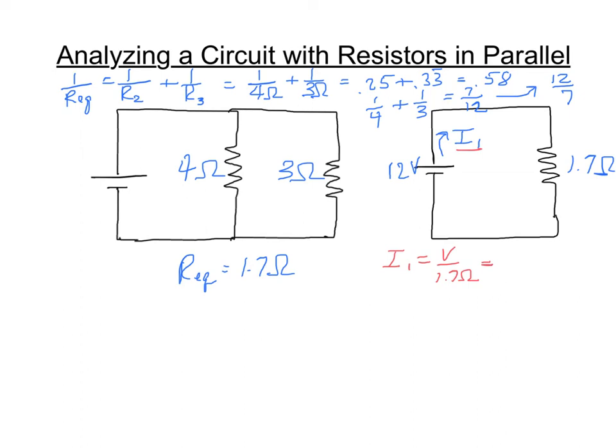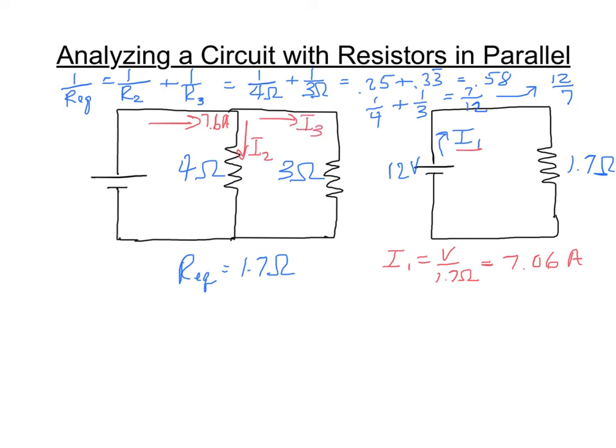That's going to be about 7.06 amps. All right, so that's how much current I have going through at I1. It's going to break into I2 going that way and I3 going this way.